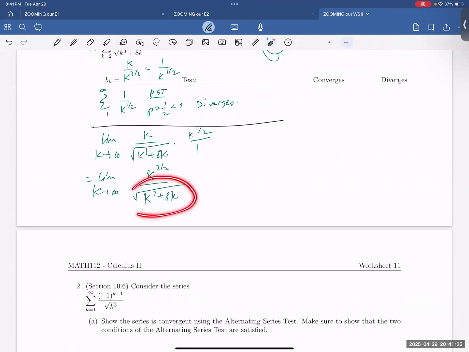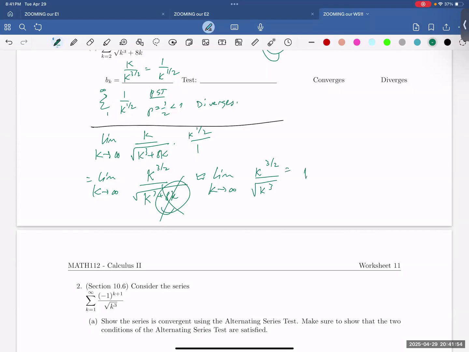With this whole root in the denominator, either you need to do some good algebra where you factor out k cubed, and I'll show you that, or you just focus on the leading terms and say that this limit is about the same as k to the 3 halves over root of k cubed, where you forget the 8k. And then this is 1. And that was not 0. So that original series diverges.